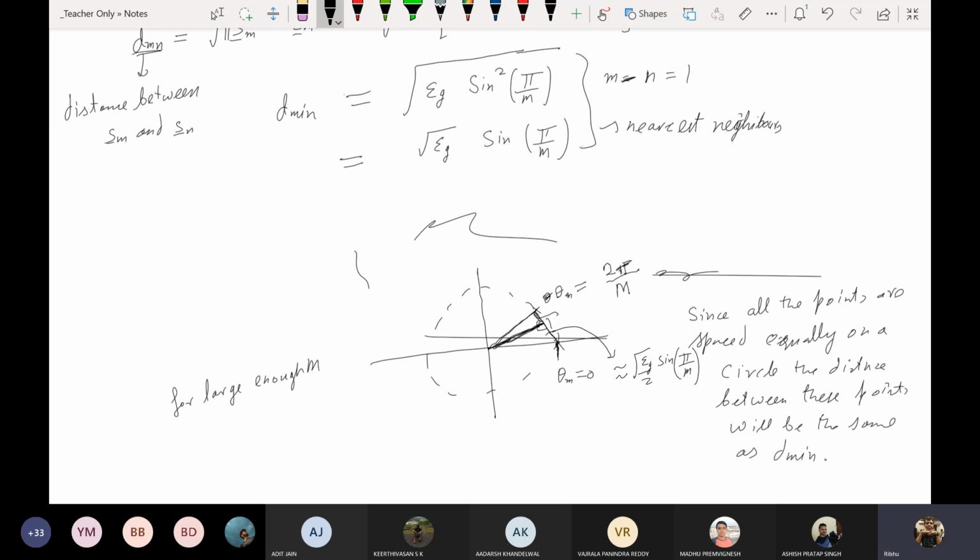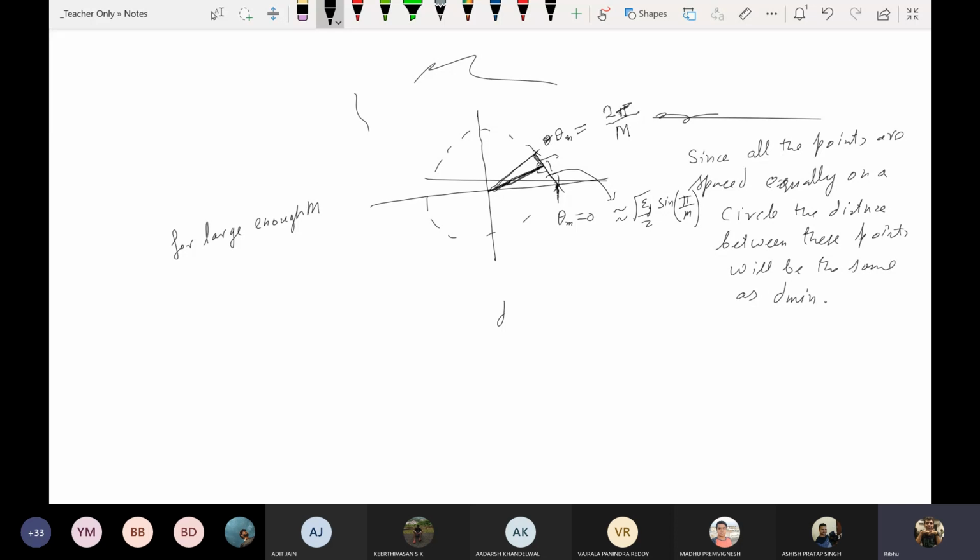Half of the line joining these two. So the distance d min is approximately 2 root Eg sine pi by m.